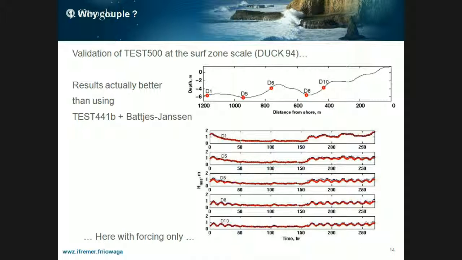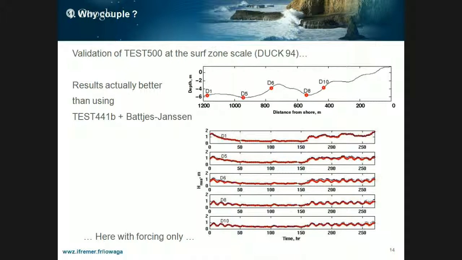The question is, okay, do we need to also take into account the feedback of the waves on the water levels? In that case, probably not, because we're still in fairly deep water. But if you're looking at what's happening right at the beach, if you have flooding or overtopping, if you have a big storm surge with a hurricane, yeah, you need to update the water level, and so you need to have the waves on a higher water level, and the waves will change the water level, so you need to have a coupled system.